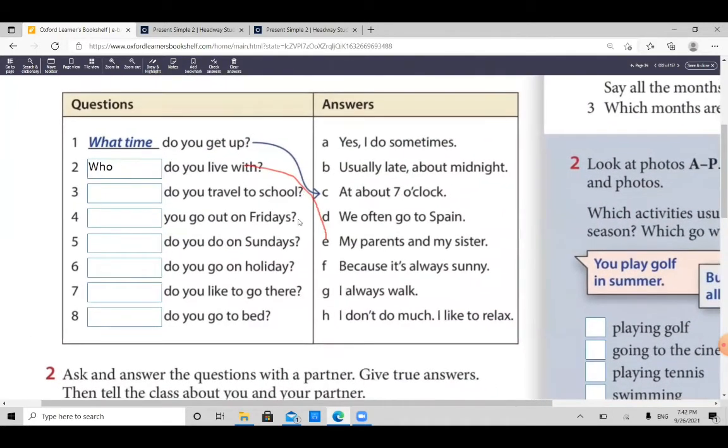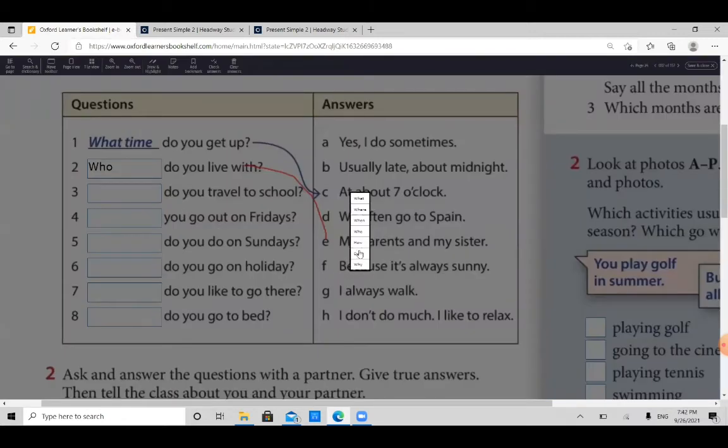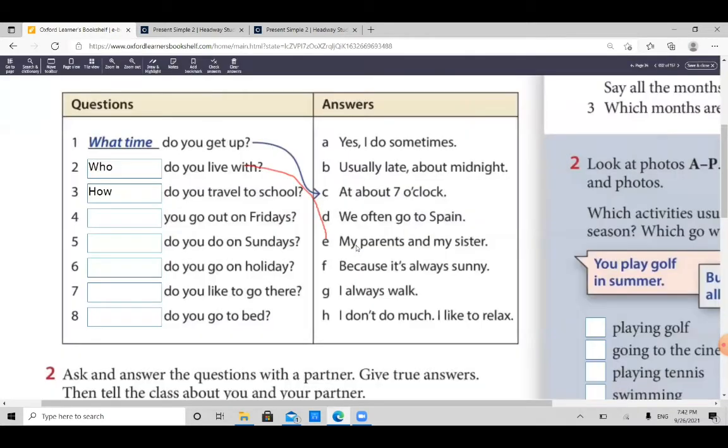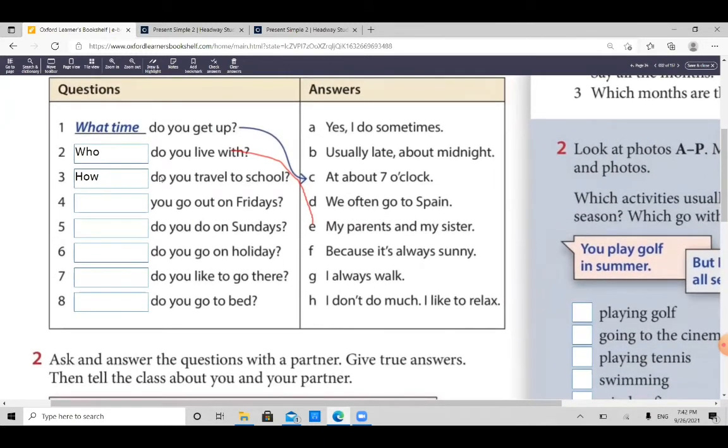Okay, so you matched, the answer is E. My parents and my sister. Number 3, Elaf. How do you travel to school? How do you travel? I always walk. Yes. So the answer is G.